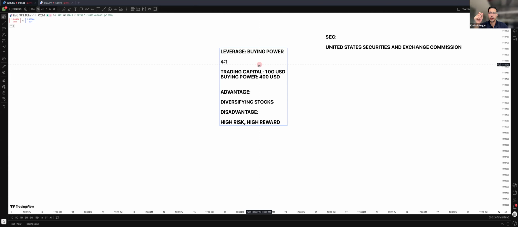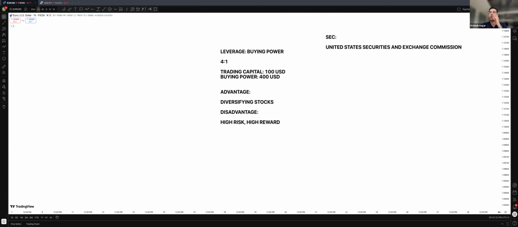Swap and leverage are very different. Leverage is buying power that the broker gives you. Swap is something that you pay to the broker to keep your position open overnight, or for the next couple of weeks. So swap is charged overnight. There's an overnight fee, and that is called swap.